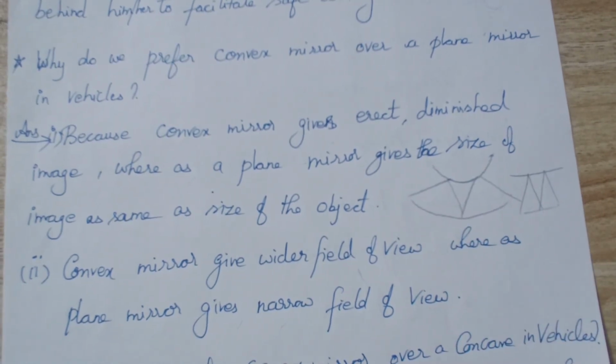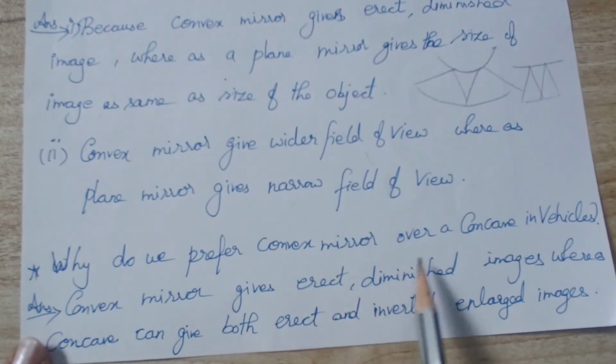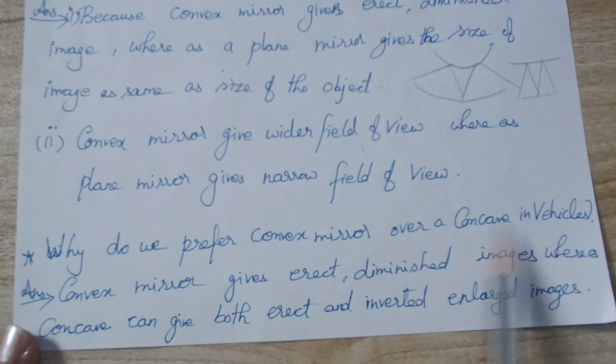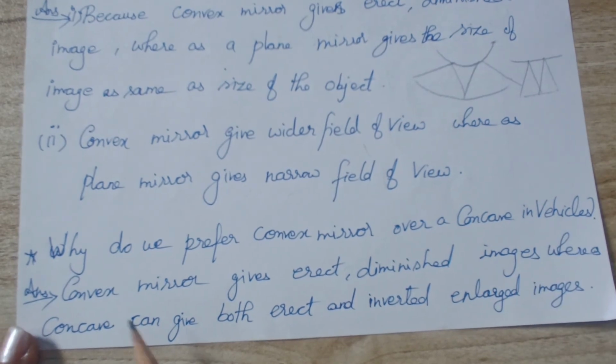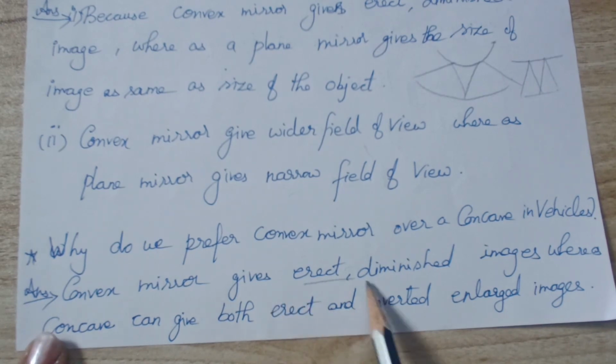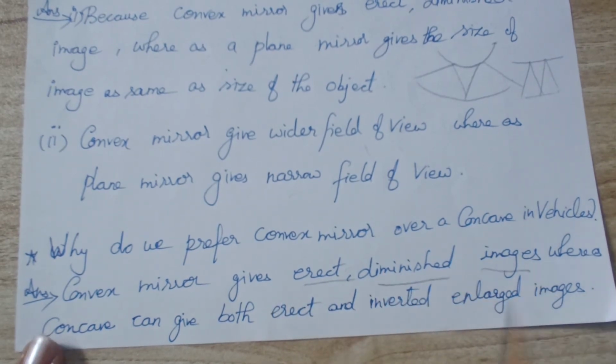Next question: why do we prefer a convex mirror over a concave mirror in the vehicle? In the convex mirror, it always gives an erect, diminished image when the object is at infinity or between infinity and the pole, right?